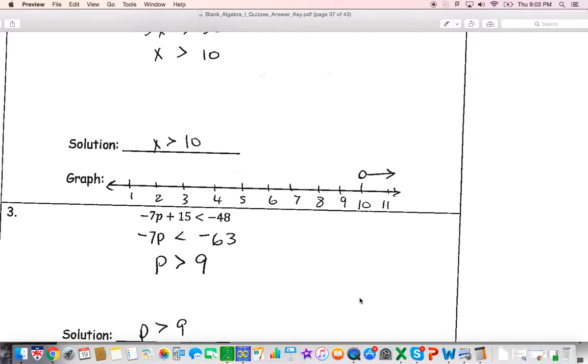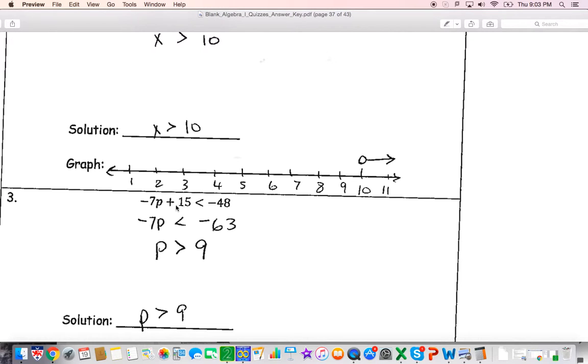All right. So here we have one, and there is a negative sign involved. So let's see how that works. So we're trying to isolate the p. We subtract 15 from both sides, and we get that negative 7p is less than negative 63. Now we have to divide by negative 7, and notice I stress negative 7. We're dividing by a negative number here.